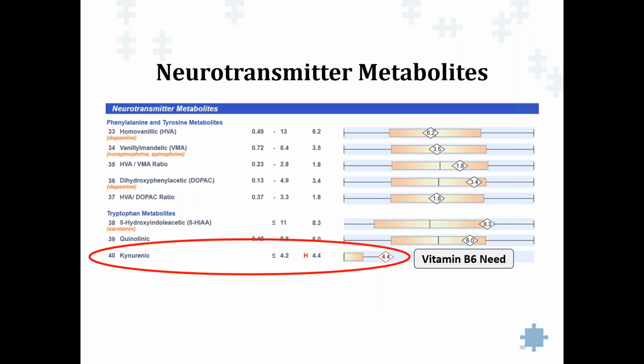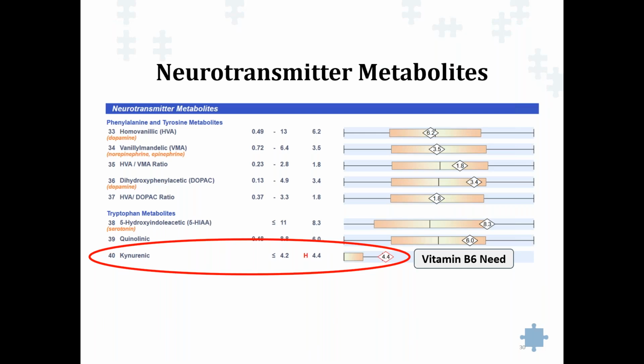It may be elevating as a compensatory reaction for the production of what's called nicotinamide adenine dinucleotide. And I don't have a graph on that, but essentially what happens, you'll notice that quinolinic acid is normal, but it's sort of mildly high, maybe elevating. And if we were to track this over time, we might see it start to elevate.